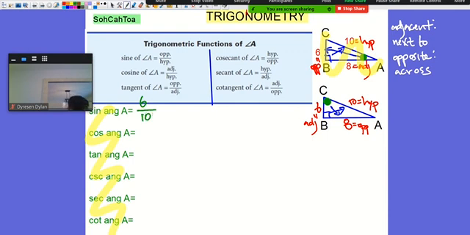So there you go. Cosine is adjacent over hypotenuse. We agreed that adjacent is 8 and hypotenuse is 10, so I'm going to put 8 over 10. Tangent of A, that's opposite over adjacent, which is 6 over 8.